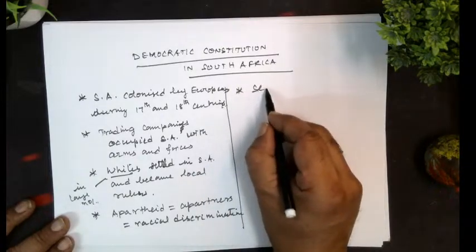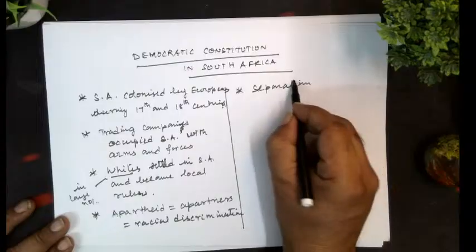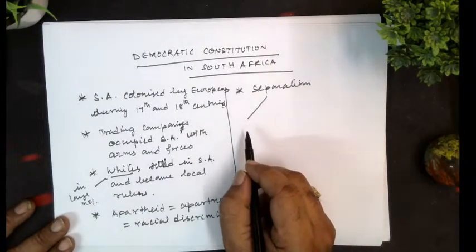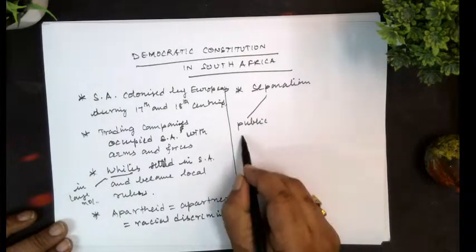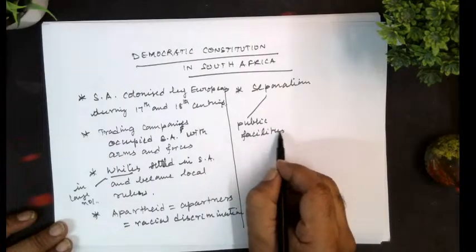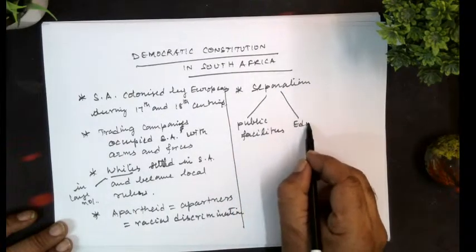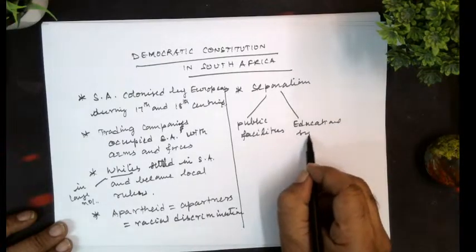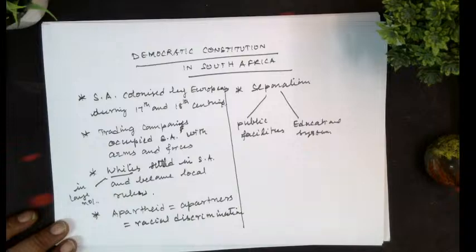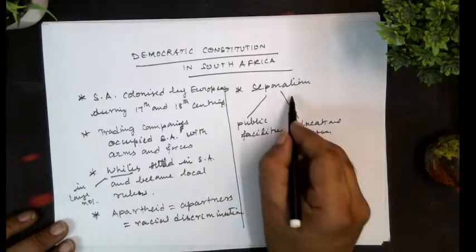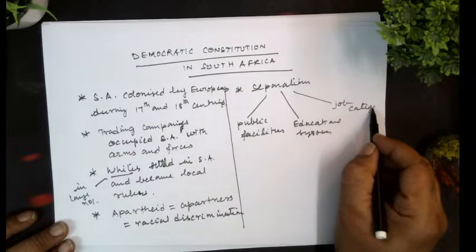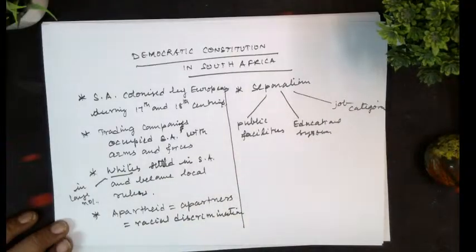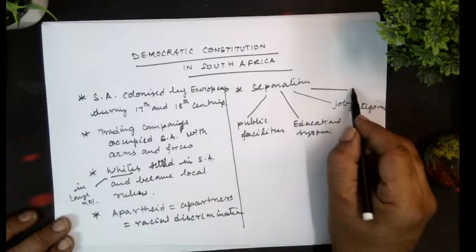So, separation in public facilities, education system, job categories, voting system.